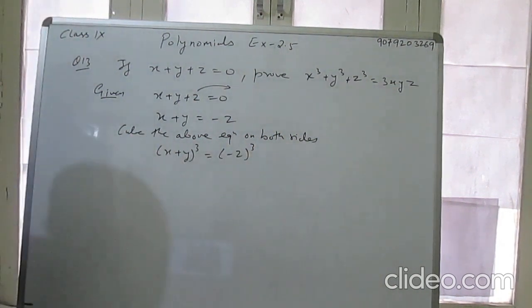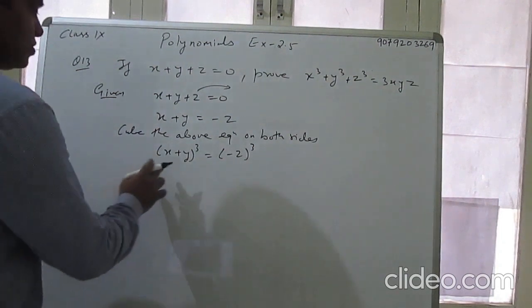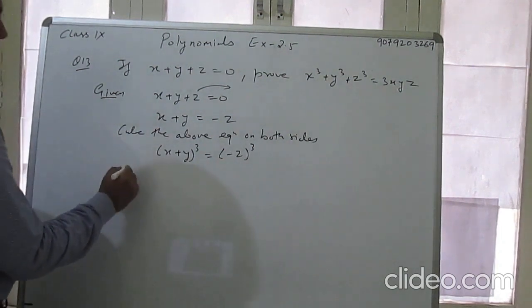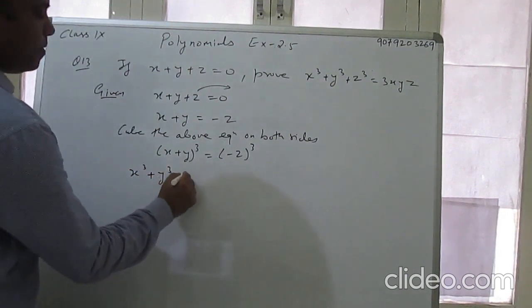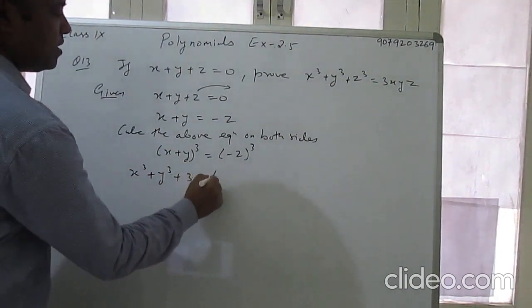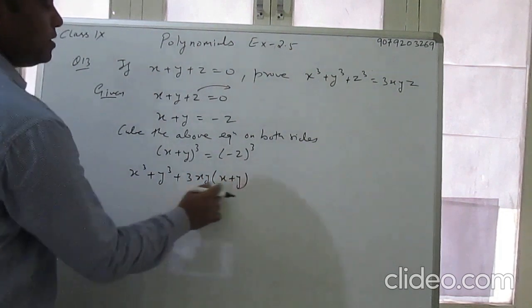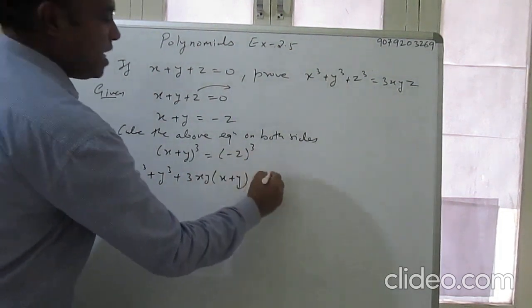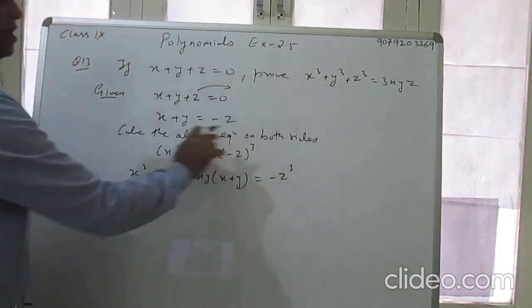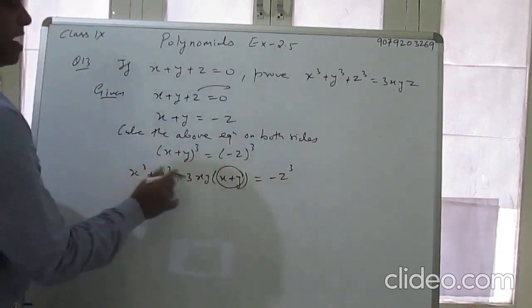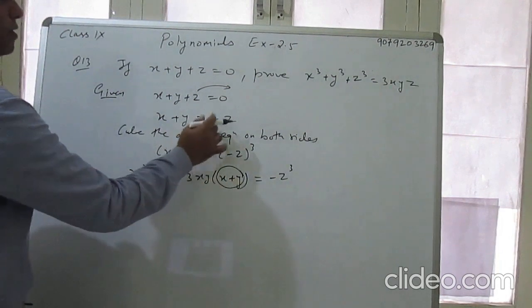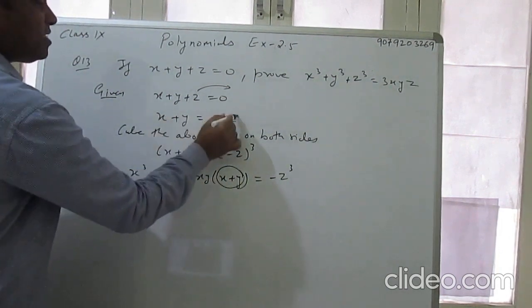Now you know the identity of (x plus y plus z) whole cube. See here, the identity is x cube plus y cube plus 3xy (x plus y). x plus y is equal to minus z, so minus z cube comes because the power is odd. Now instead of x plus y we can put minus z.